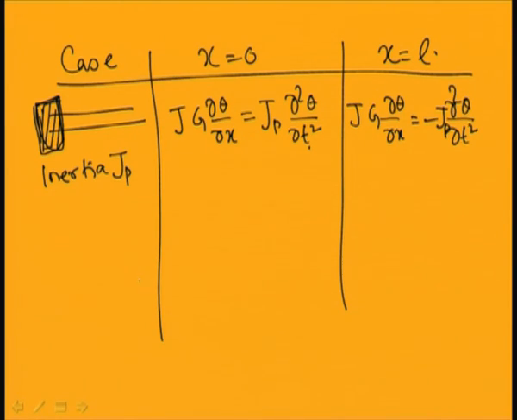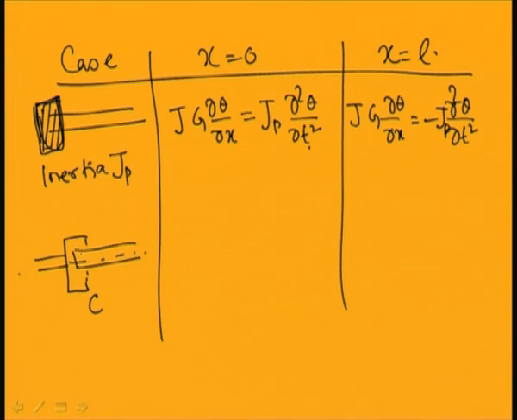Similarly, if we add one torsional damper at the left end or right end, this is the rod where a torsional damper is attached here. In case of a torsional damper with damping coefficient C, C del theta by del t will be the damping force.